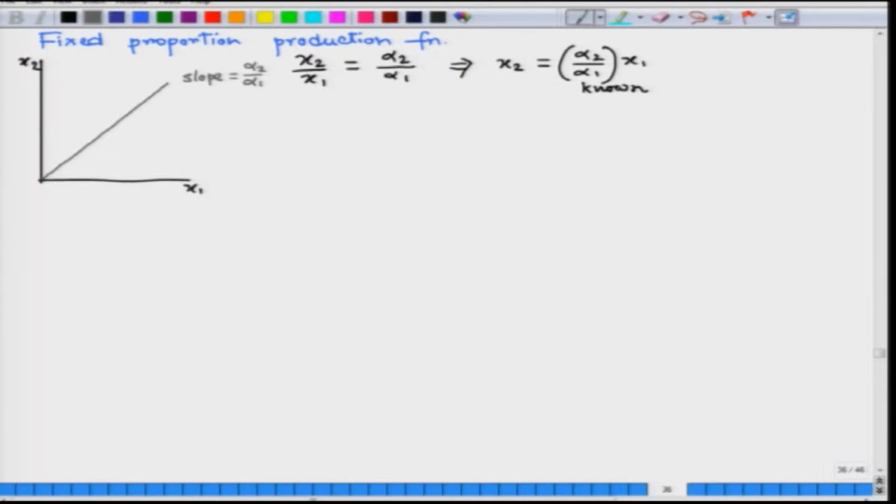So, take any point on this line, this point will give me a particular input bundle which will give me a particular level of output. So, let me call this point A. Okay. Now, let me talk about another input bundle where I keep the level of x1 fixed, but I give more units of x2.